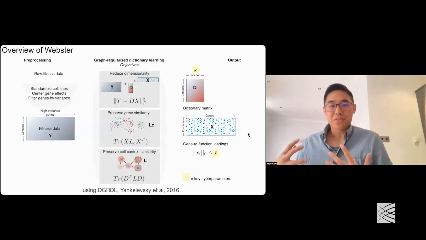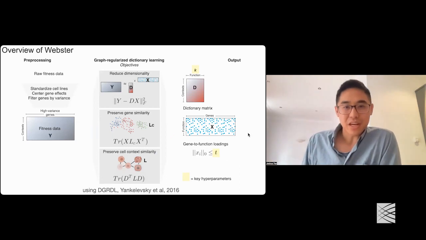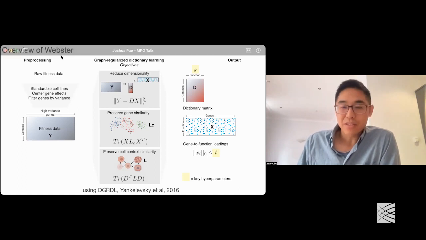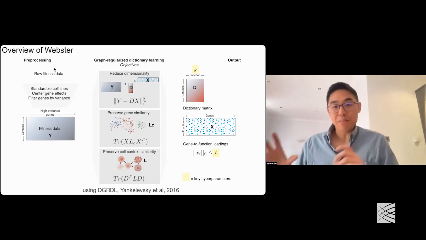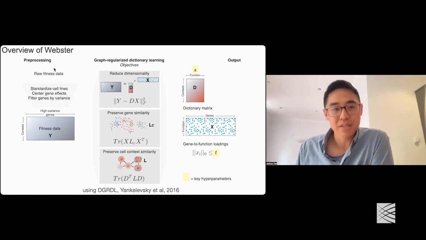So based on those rules, we have this approach at the high level. This is a bit technical, so I'll walk you through it. To run this approach, you start with a matrix of fitness effects, as I described.